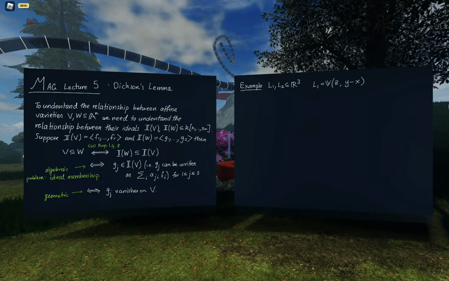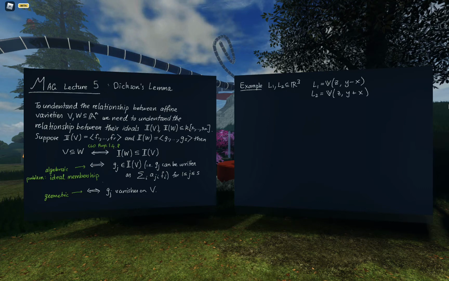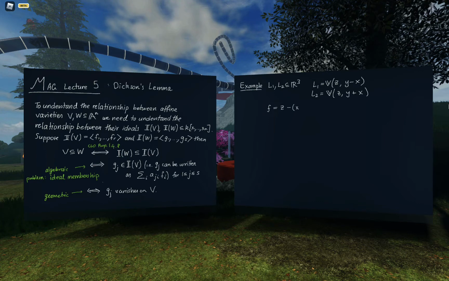First we'll consider the line y equals x, and also the line y equals minus x, which is where those pairs vanish. And I'm going to consider the graph of x squared minus y squared, which is where this polynomial vanishes.